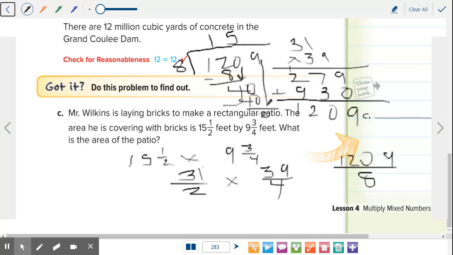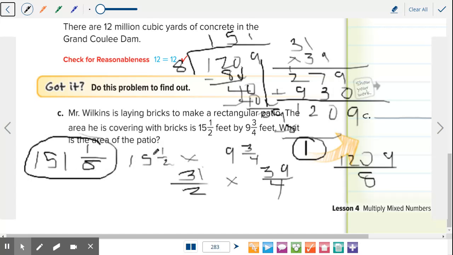Get left with nothing. Bring down my 9. How many times does 8 go into 9? Once. That's 8. So this remainder here that we've talked about in the past, that's your numerator. So your whole number is this answer here. So we get 151. We have 1 left over, so 1 over our denominator.